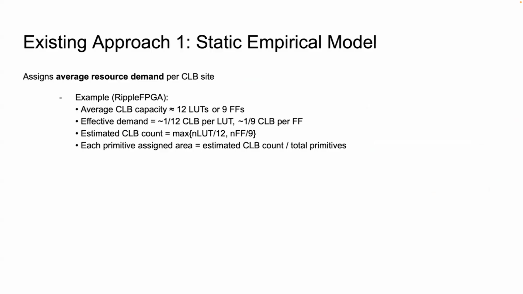Average CLB capacity is taken to be 12 LUT slots and 9 flip-flops, and effective demand is the corresponding ratio, for example, 1 LUT contributing 1/12 of a CLB and 1/9 of a CLB for flip-flops. The estimated CLB count is the maximum of these ratios, and each primitive's assigned area is the total count over the total primitives.